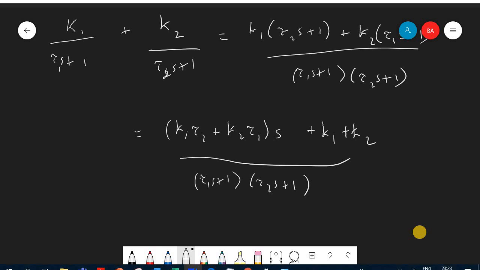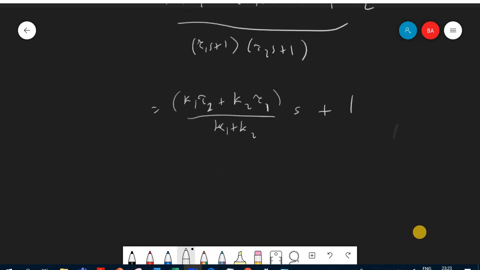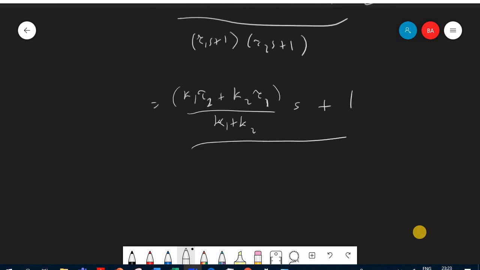Okay, so put this in the standard form, which is like tau a s plus 1. This will be k1 tau 1 plus k2, k1 tau 2 plus k2 tau 1 divided by k1 plus k2, s plus 1, over tau 1 s plus 1 into tau 2 s plus 1.